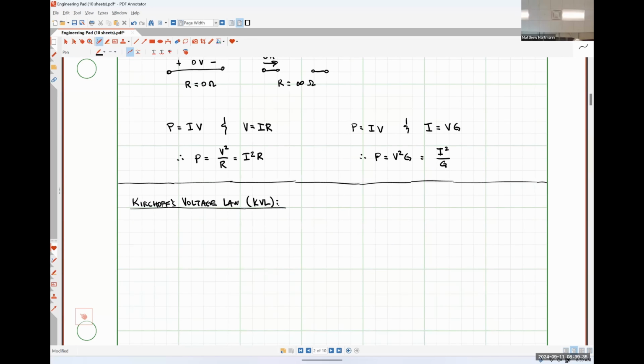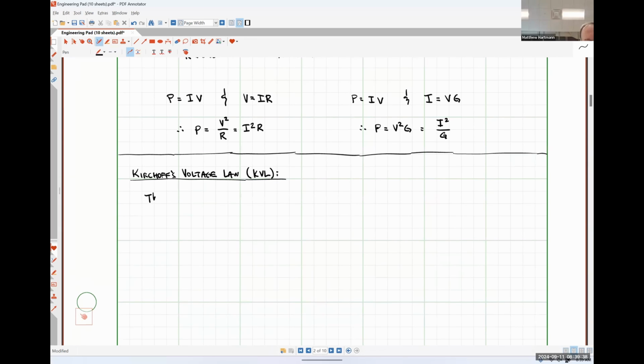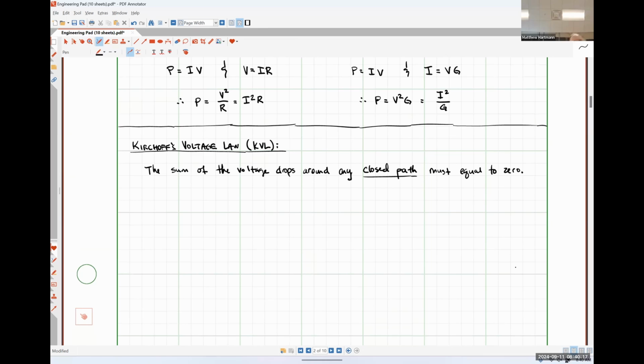So Kirchhoff's voltage law states that the sum of the voltage drops around any closed path, and I'm going to underline that because we need to talk a little bit about what that means, must equal to 0.